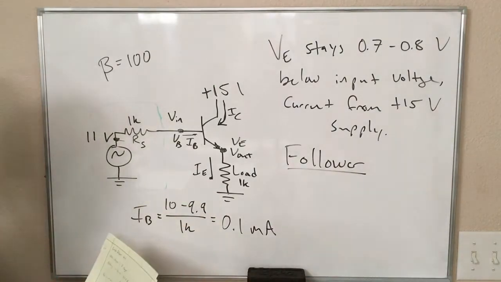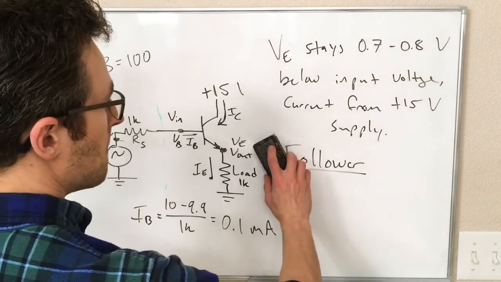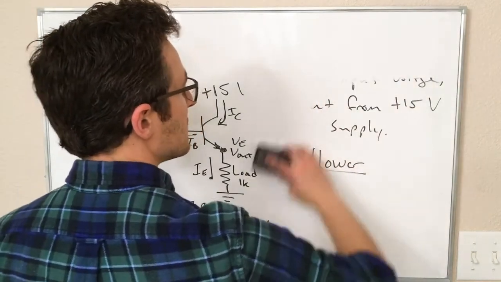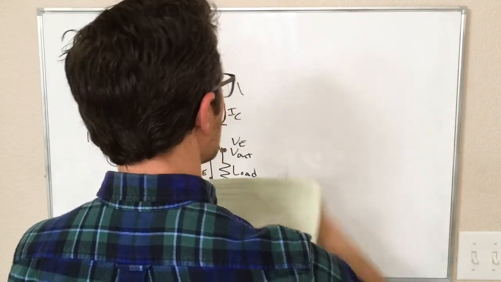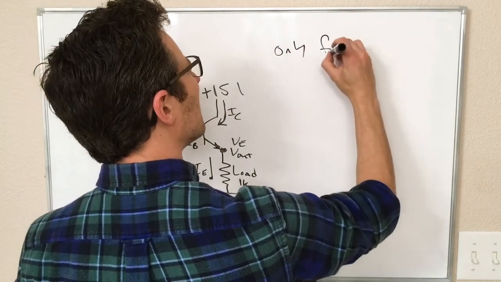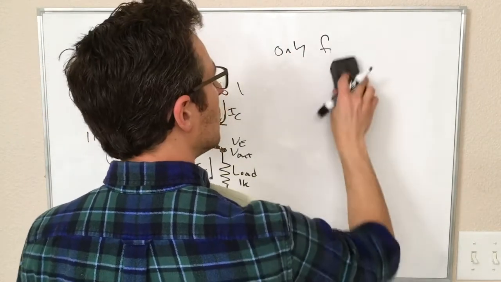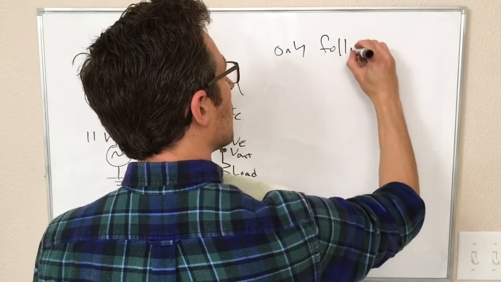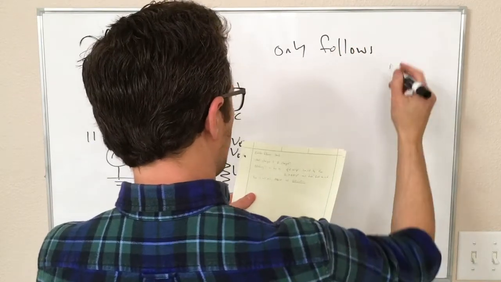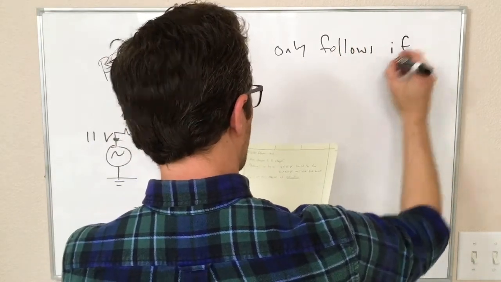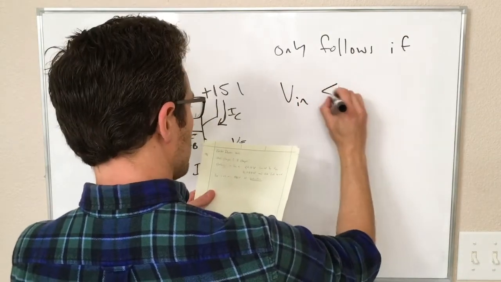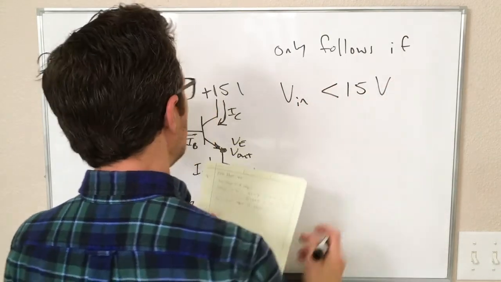Okay, there are some limits to this behavior, and the limits are this. This following only works, it only follows as long as the input voltage is less than 15 volts.